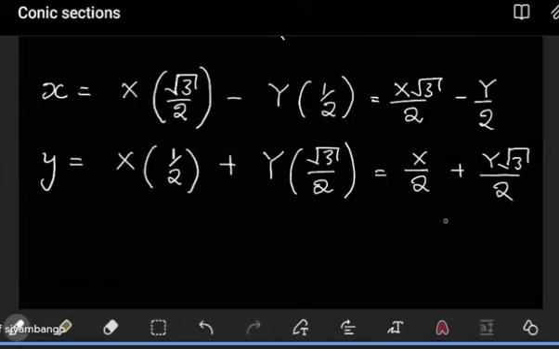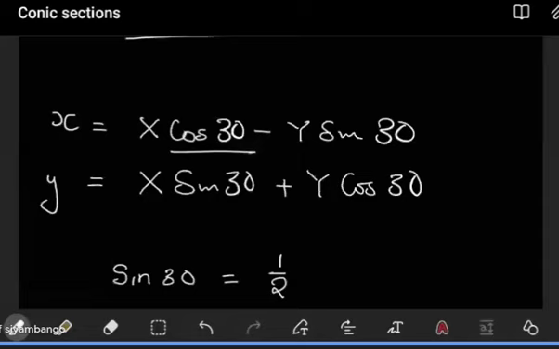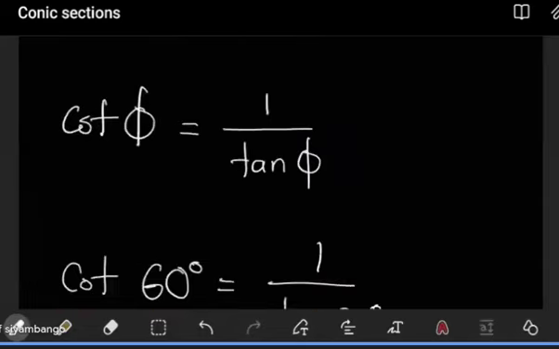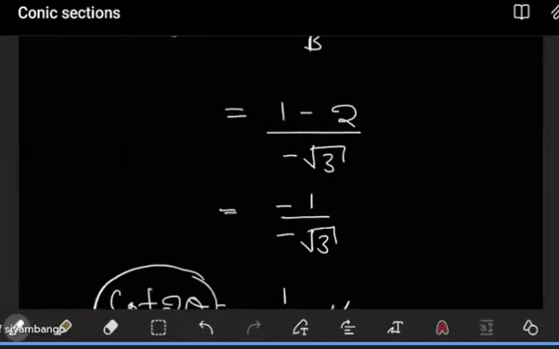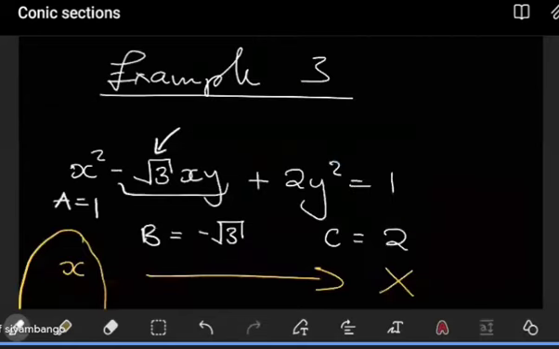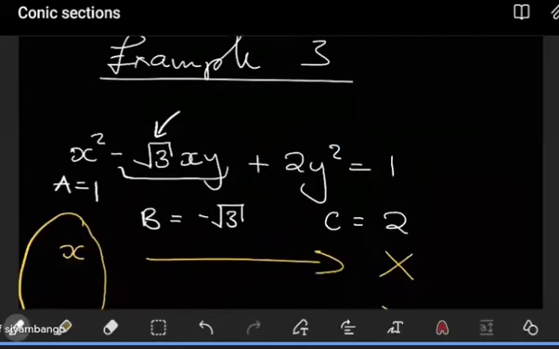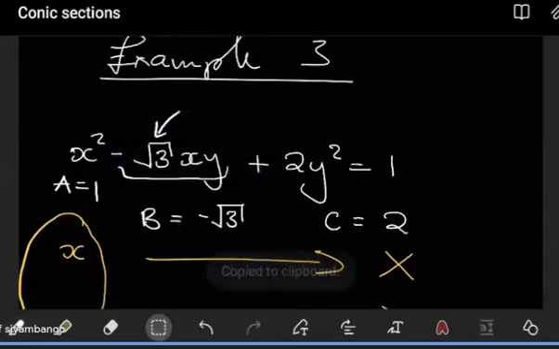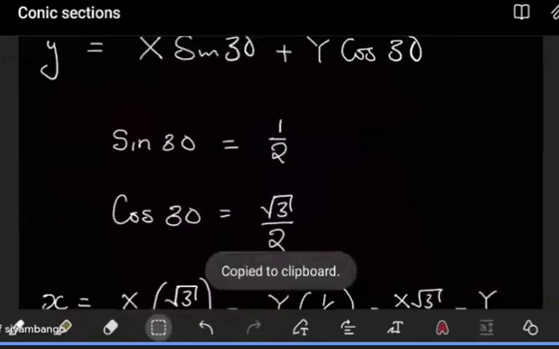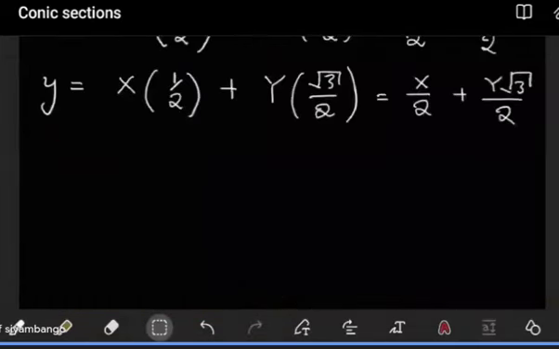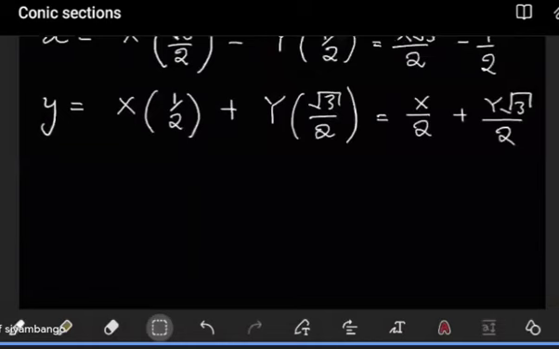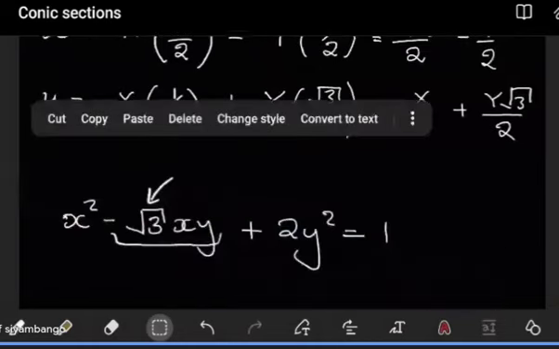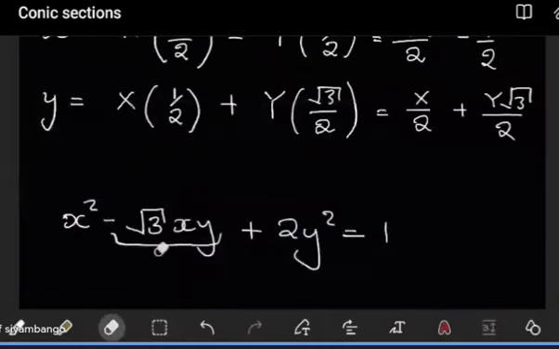Now that we have our expressions simplified, the next step is to substitute them into the equation we were given. So this is the rotation part. All we've been doing so far is finding the necessary tool to perform the rotation. Now that we have what we need, we can perform the rotation.